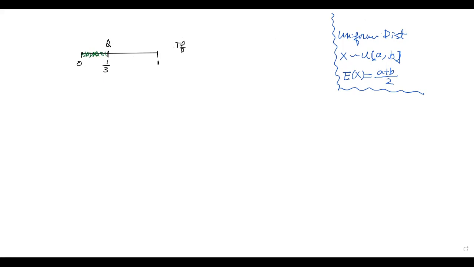So if x falls between 0 and 1/3, then the expected value of x, because this is uniform, will be 1/2 times (a plus b).